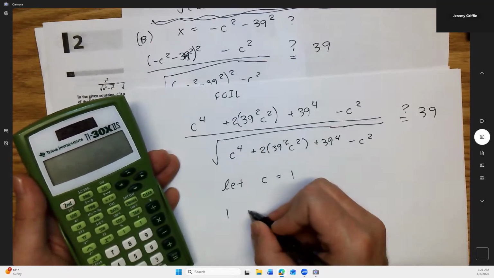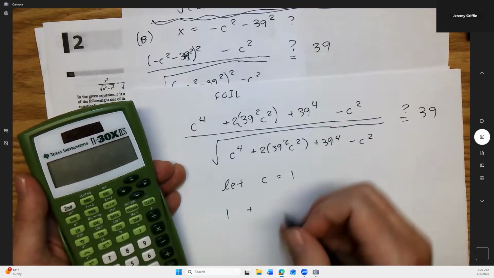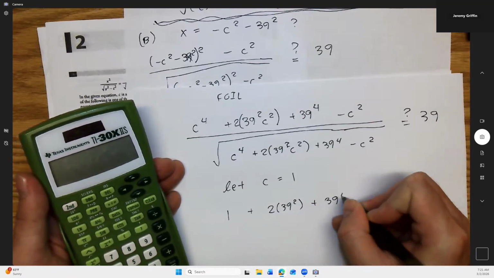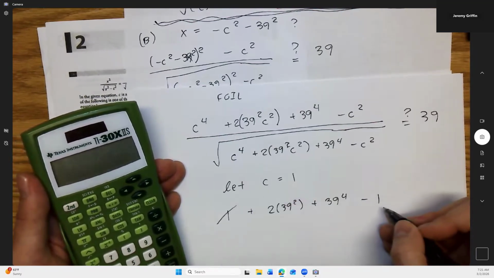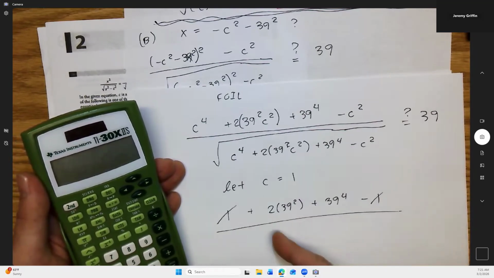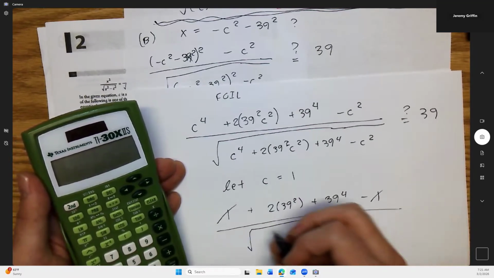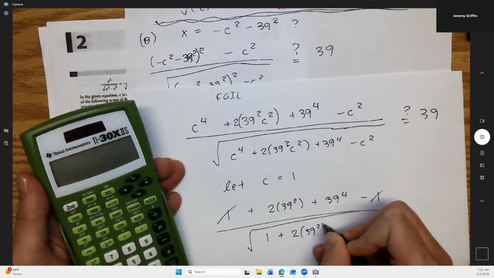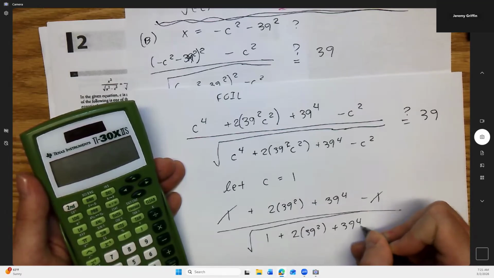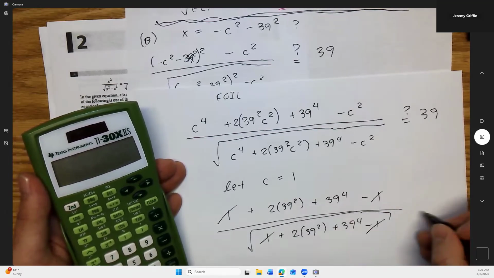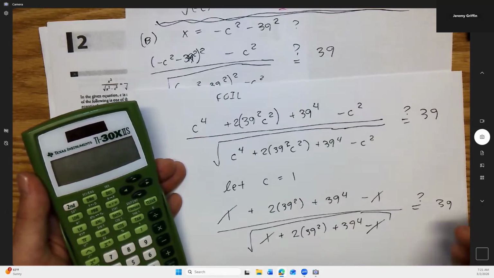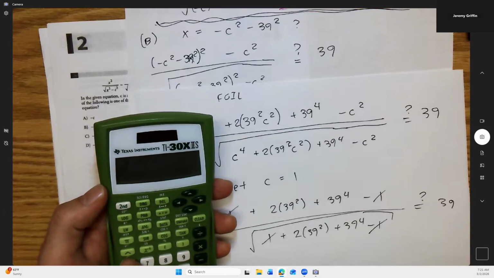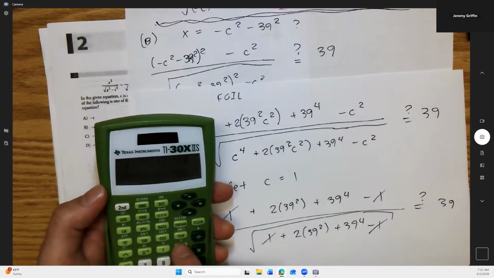Is 1 plus 2 times 39 squared plus 39 to the 4, minus 1, divided by 1 plus 2 times 39 squared plus 39 to the 4, minus 1 down here, equal to 39? I suspect not. Let's see. 2 times 39 squared plus 39 to the 4.